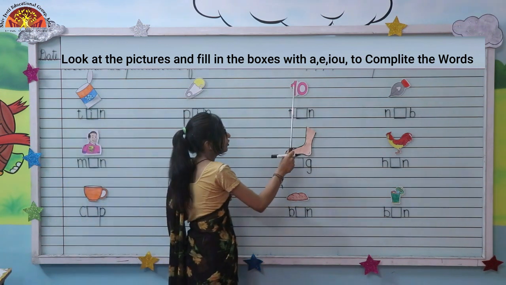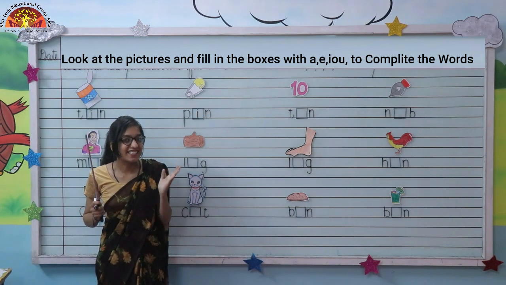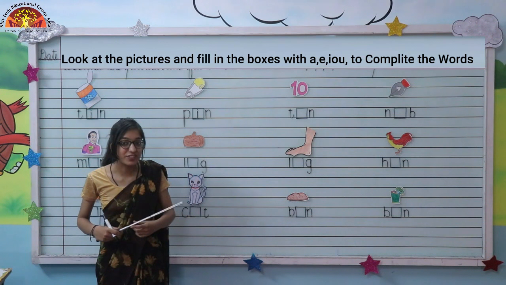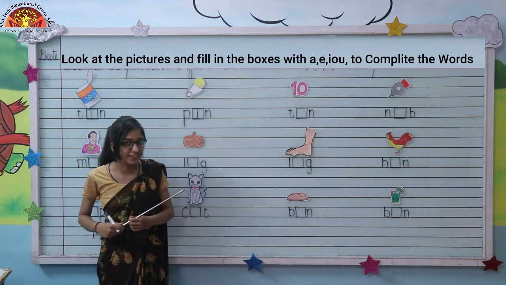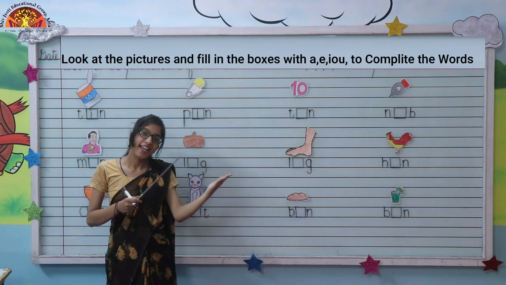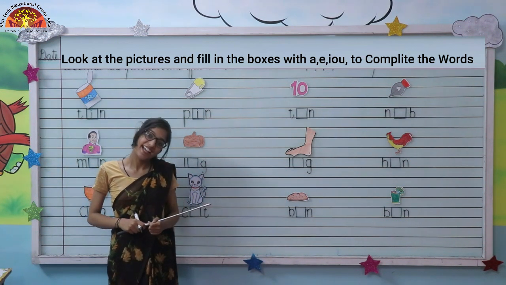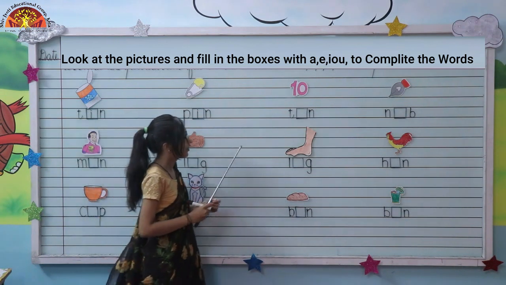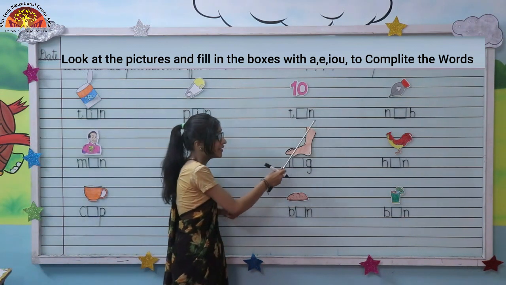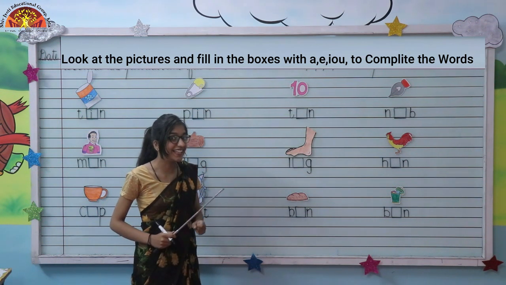Come to the next one. Tell me which numeral is this? Yes kids, 10. So what is the spelling of 10? Tell me fast everyone. Okay, let me tell you. T-E-N, 10. T and N are already written over here, so we have to write one missing letter.